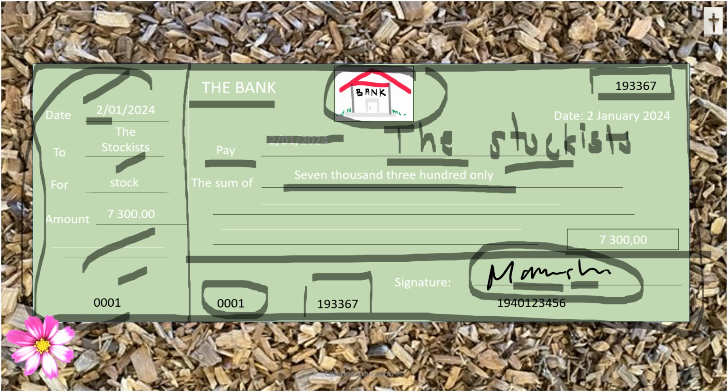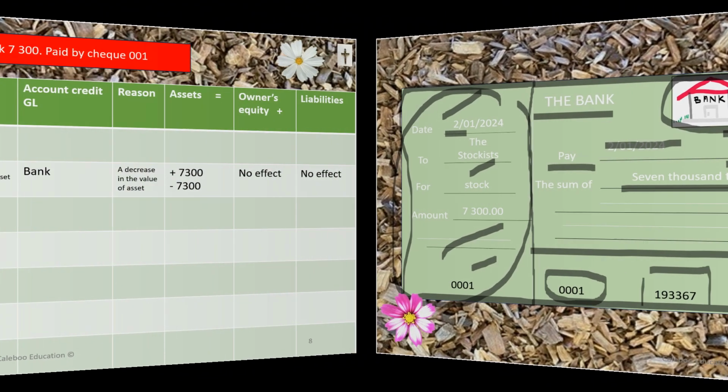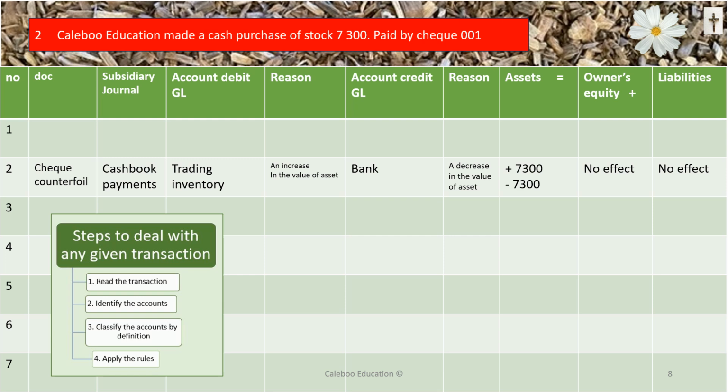This check counterfoil remains in the checkbook, and it's going to be used to record the transaction in the table. We've seen the check that recorded this transaction. Now we need to record this transaction in this table.